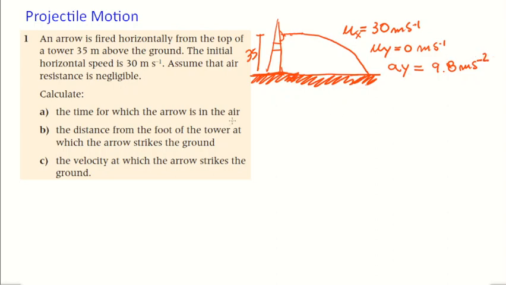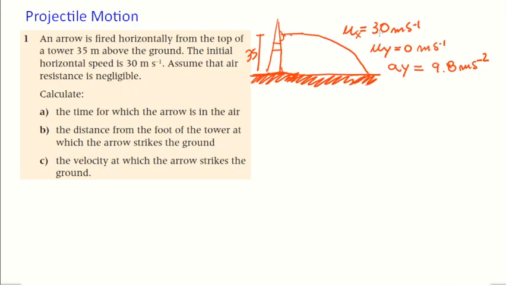Alright, so first question: calculate the time, assuming that air resistance is negligible. Calculate the time for which the arrow is in the air. If you notice, it will depend on the vertical motion. It will not be just about the horizontal motion.